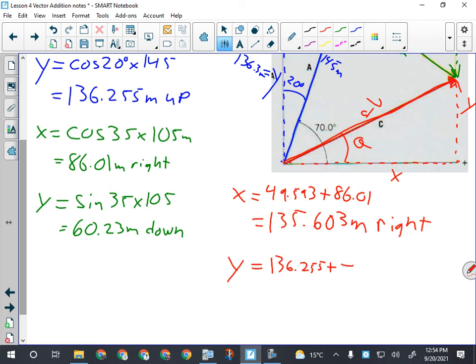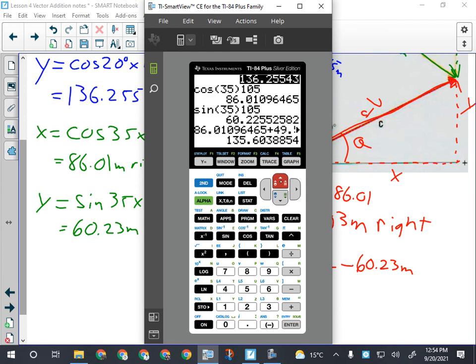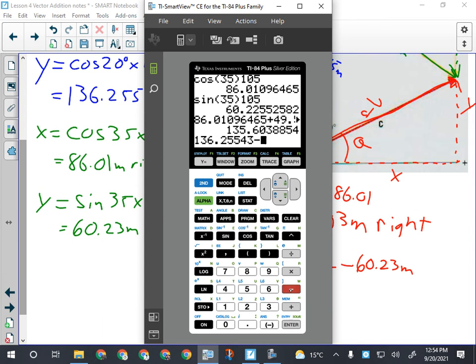You could just subtract if you want. Okay, so in the end, we still end up 76.03 meters above where we started.